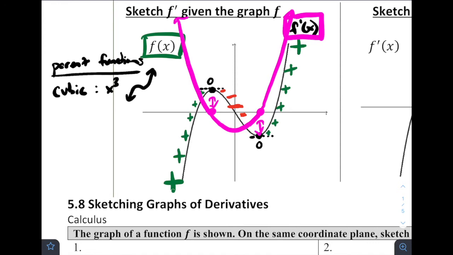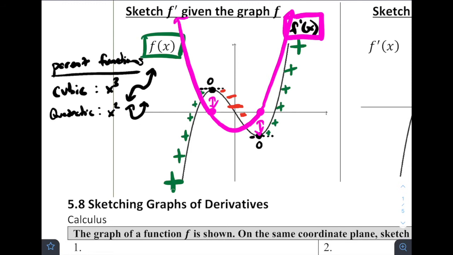We would expect if the original function was an x cubed function, if you were to take the derivative of it, if we even just think about the power rule for it, we would have a quadratic. Maybe in this case it would be like 3x squared, but it would be in the family of the x squared function, which we would expect quadratic functions to look like a parabola.